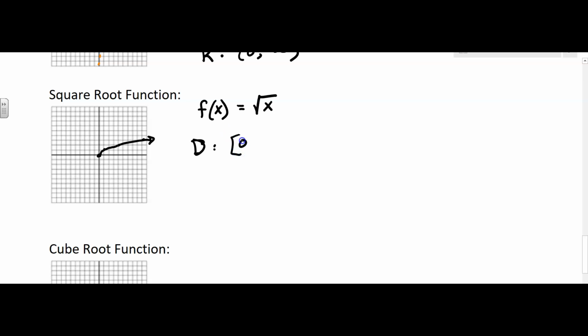So it's going to be from 0 to infinity. And then what's the range here? Well, if you look at that, it looks like you're going to go from 0 to infinity as well. So that curve is going off to the right, but it's still going up a little bit. So it's going off toward infinity.